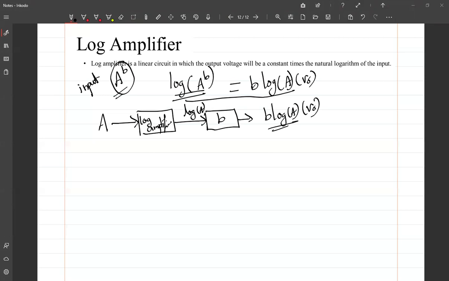Basically, by using an op-amp, we may have two different types of log amplifier: the op-amp based log amplifier with diode connection, and the op-amp based log amplifier with transistor connection.